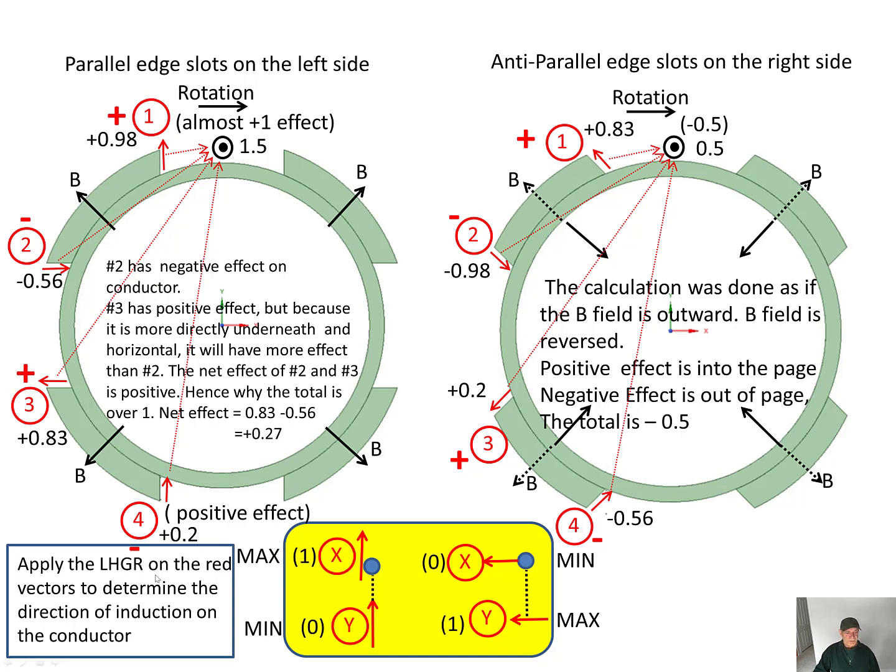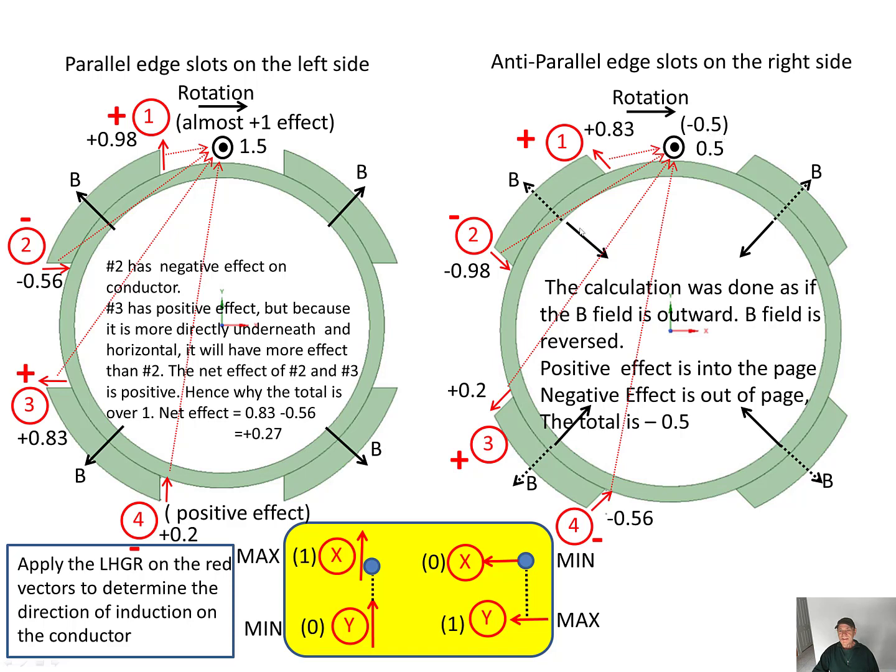Apply the left-hand grip rule on the red vectors to determine the direction of induction on the conductor. So here we have anti-parallel edge slots on the right-hand side. Doing the analysis again, if the B field is going upwards, the effect would be minus 0.5.